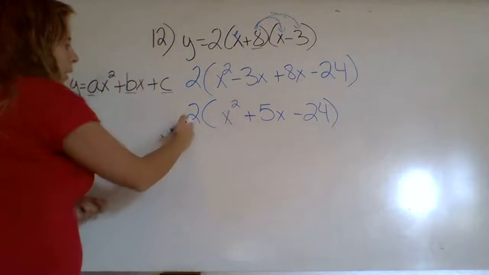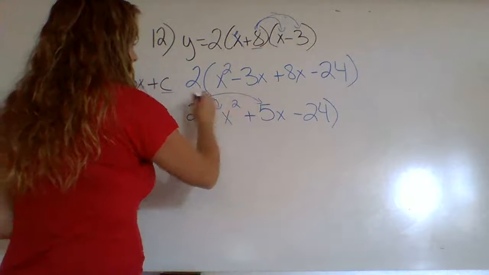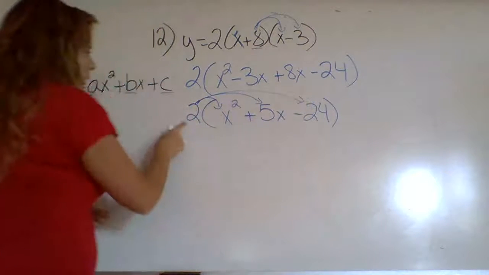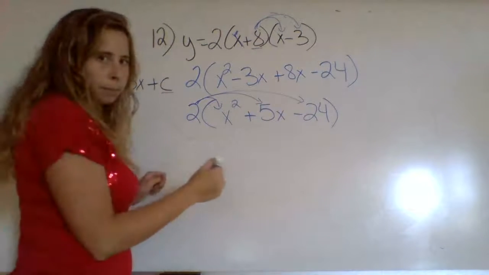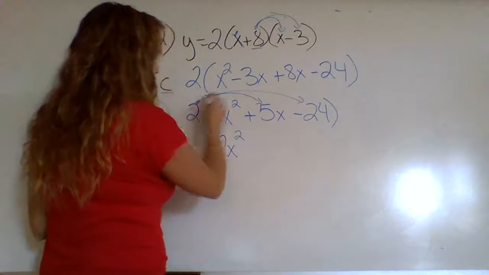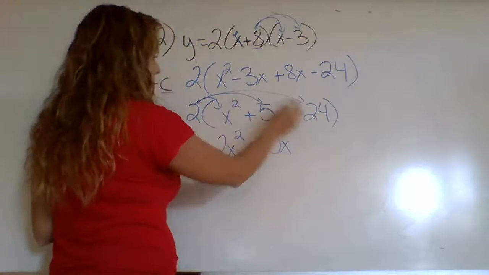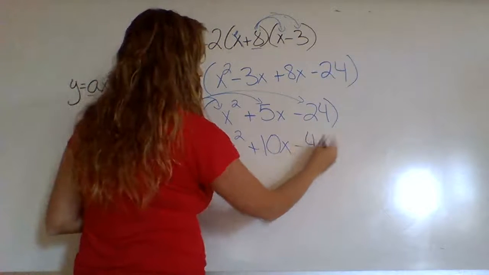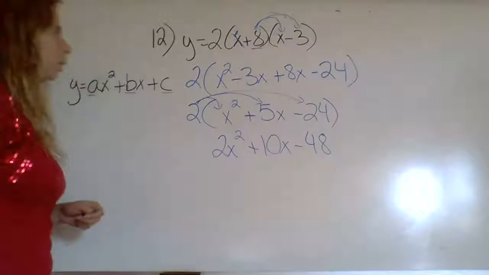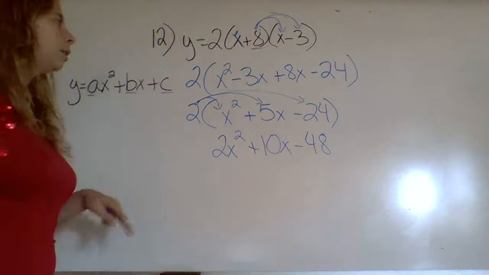Now I'm going to distribute my 2 onto everything. So 2 times x squared is 2x squared. 2 times 5x is 10x. And 2 times negative 24 is negative 48. So you can do it either way. You can either deal with the 2 first or deal with it last. Doesn't matter.